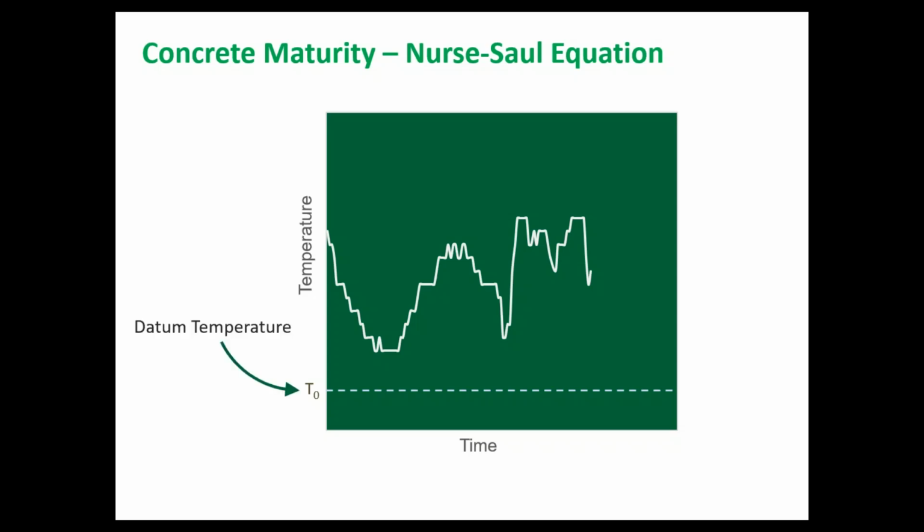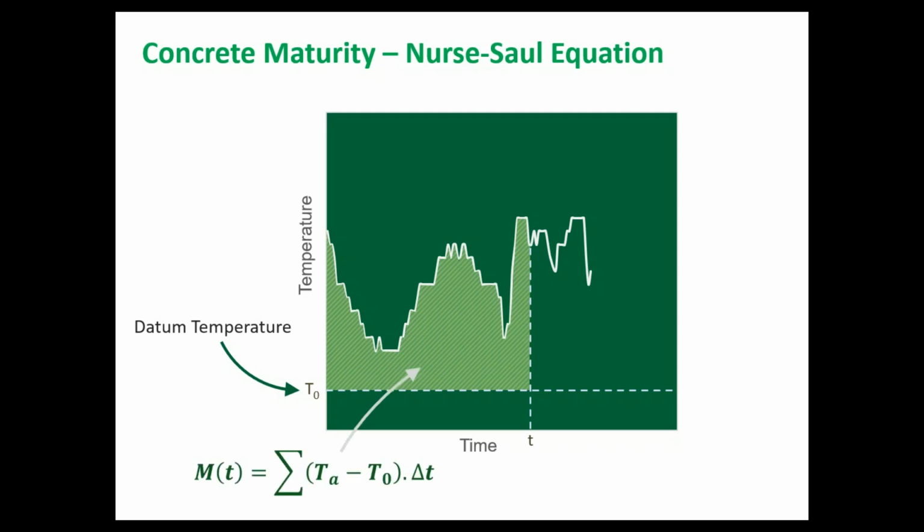To calculate the maturity index at any point in time, you simply calculate the area underneath the temperature curve above the datum temperature. That's a calculation that you can simply do, and there are many functions to do that on your computer or even on your phone.